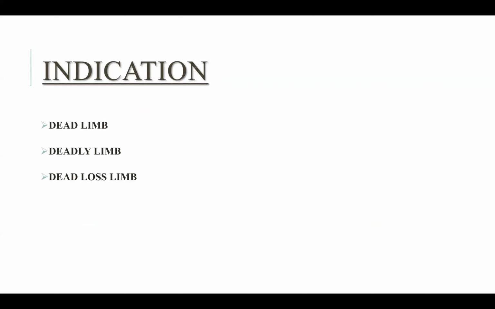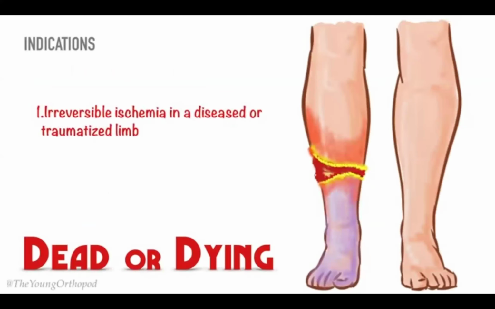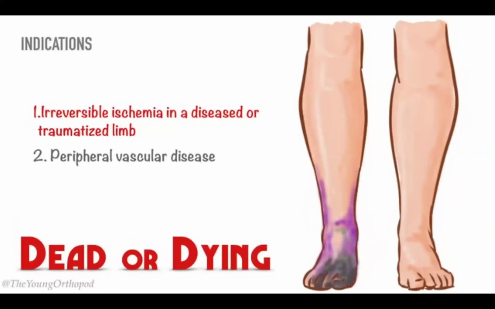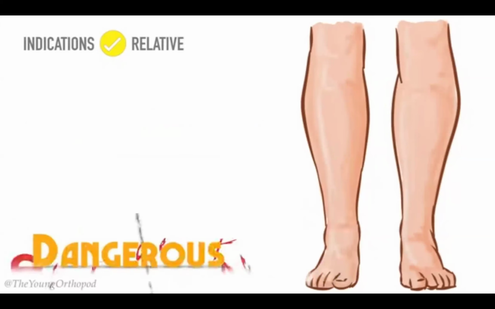Coming to indications of amputation, it might be due to a dead limb, a dying limb, or a dead loss limb. For a dead limb, the absolute indication is irreversible ischemia in a diseased or traumatized limb. Relative indications are peripheral vascular disease, burns, and frostbite.